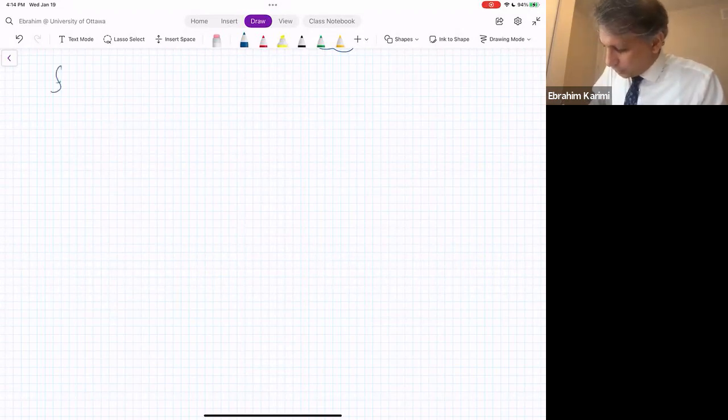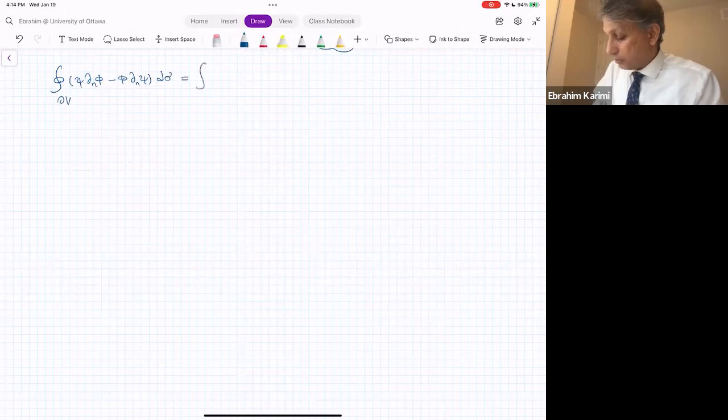So the integral of, let's say, should we start with psi? Yes, psi derivative with respect to n of phi minus phi derivative with respect to n of psi, d sigma, on the surface, is equal to the integral of, if it's psi gradient of phi, then it will be the Laplacian.